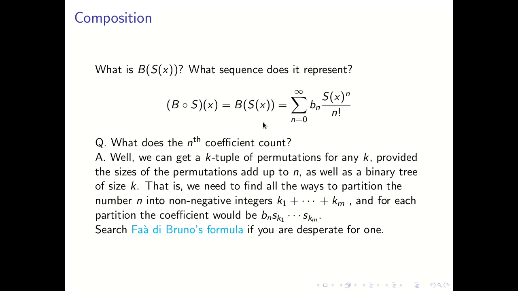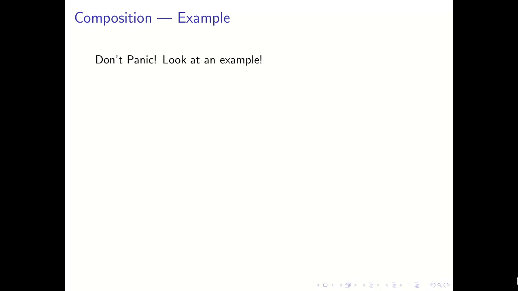So effectively, we need to partition the number n into all possible partitions into non-negative integers, and then for each partition we have a particular coefficient, and we're summing over all of these. You can Google this formula if you actually care about it. But I'm not interested in giving you a formula. I want to give you a picture instead, because that was scary, right? And I don't want you to panic.